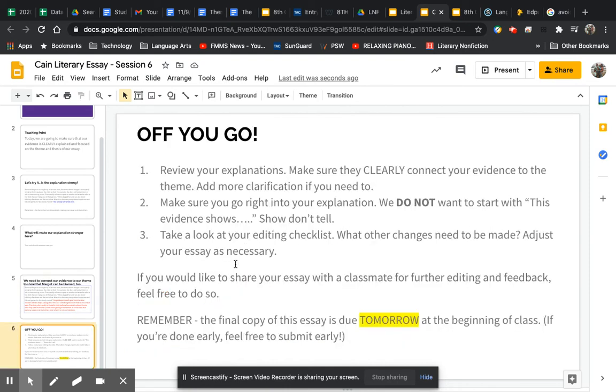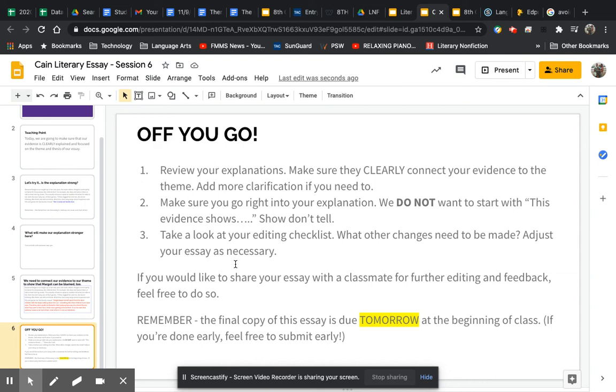So, when you are writing today, what we want you to do, go back, check your explanations of your textual evidence. Are they clear? Do they relate to your theme? Are they in depth?